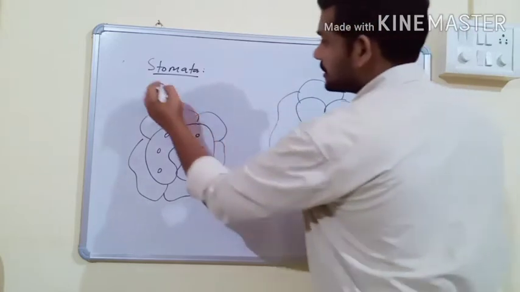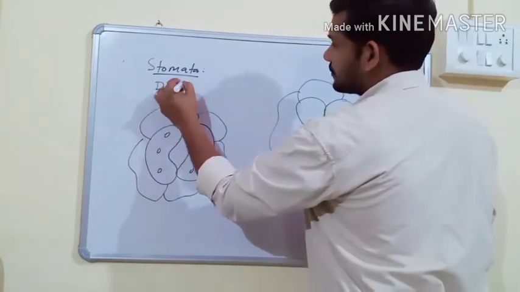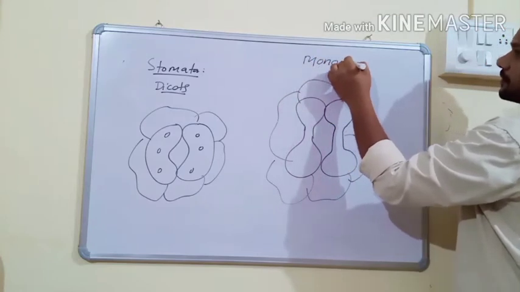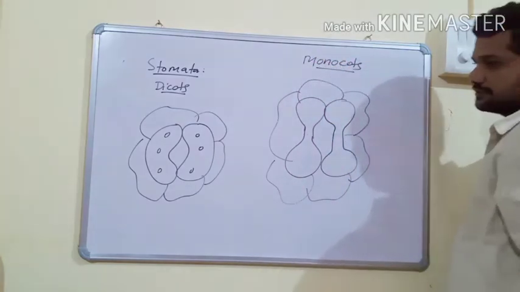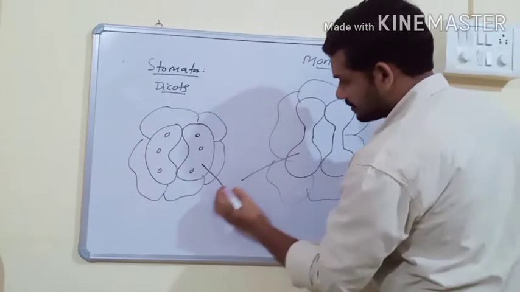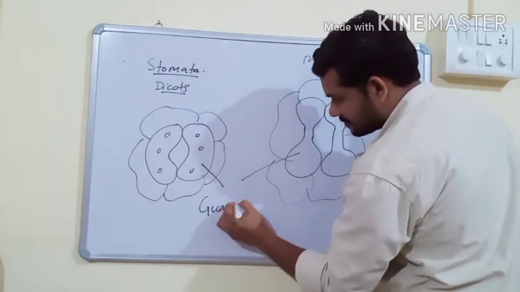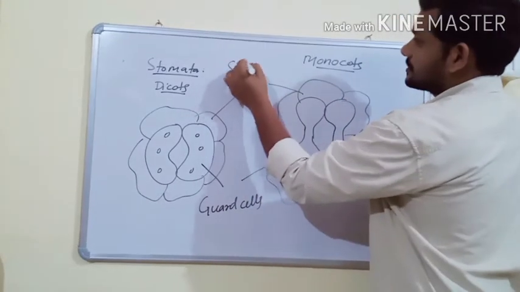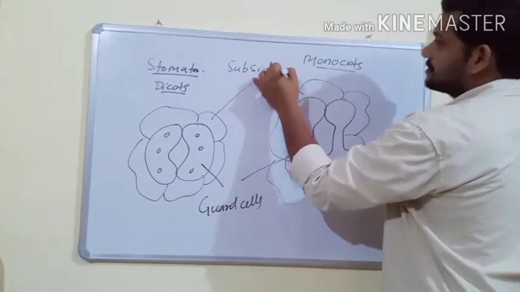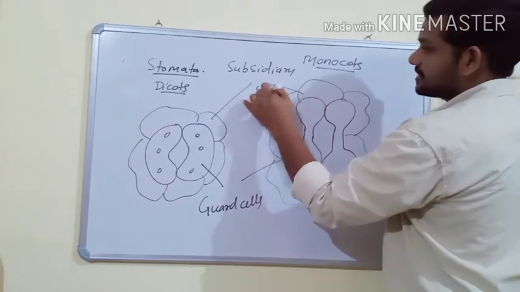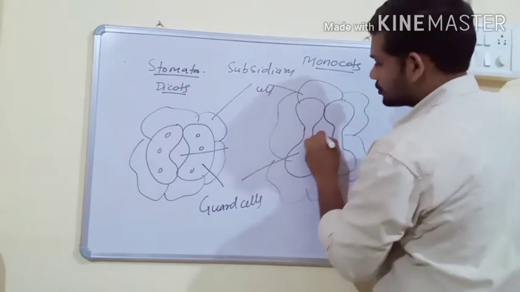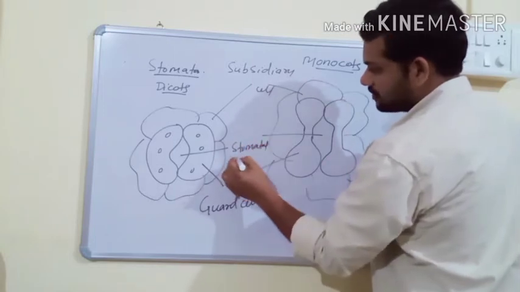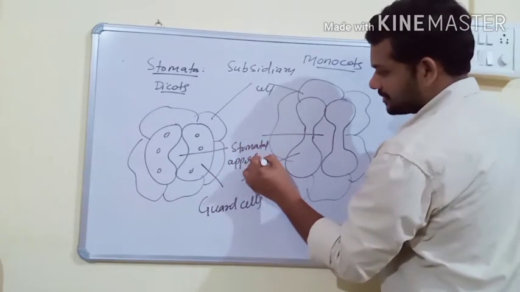This is the stomata in dicot plants, and this is the stomata in monocots. These are the guard cells, and these are subsidiary cells, and this is the stomatal pore, also known as the stomatal aperture.